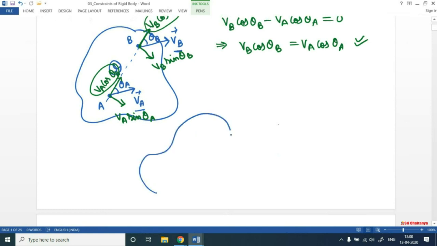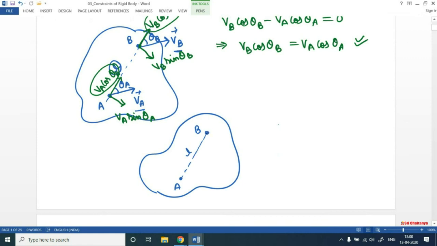Let's say this was the rigid body, this is point A and this is point B. If we observe the motion of point B with respect to A, this distance is going to be L, and B is not separating from A with respect to time.